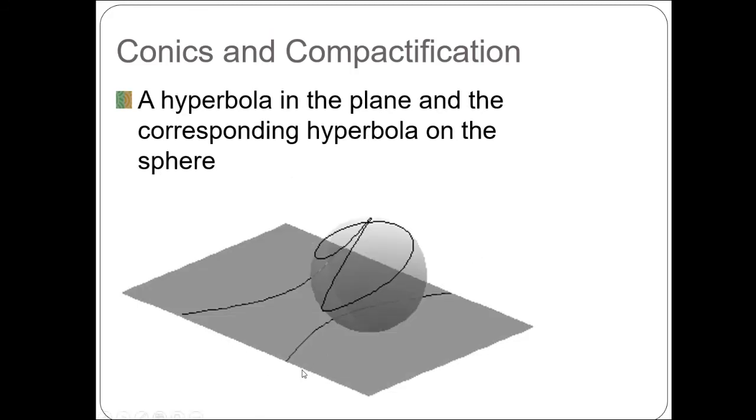For a hyperbola down on the plane, we get some interesting curve up here on the sphere. The four branches in the plane that tend to infinity all converge to the point at infinity on the North Pole.